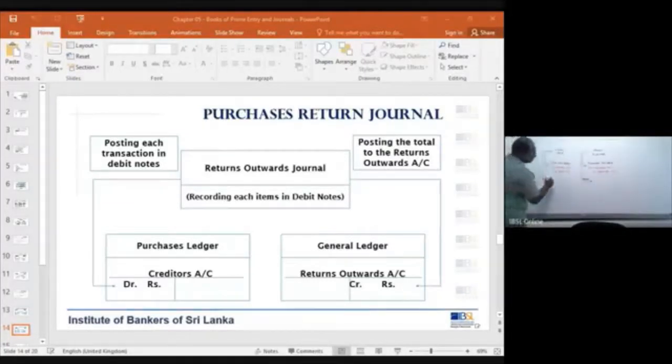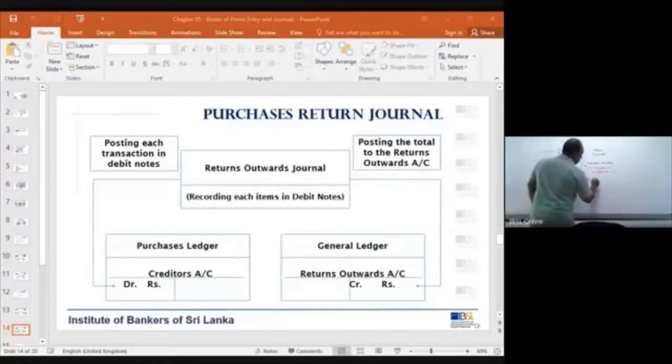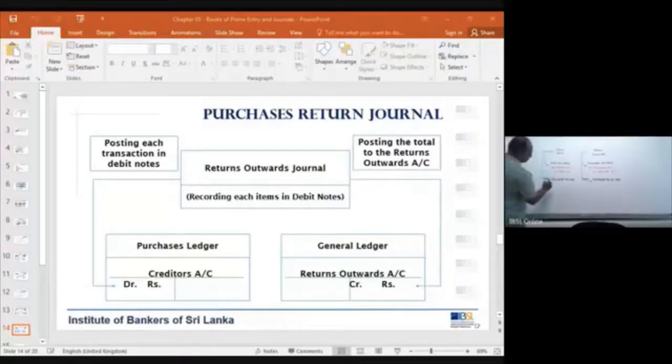So here it goes to sales return day book, and there it goes to purchasers return day book. Purchasers return day book.